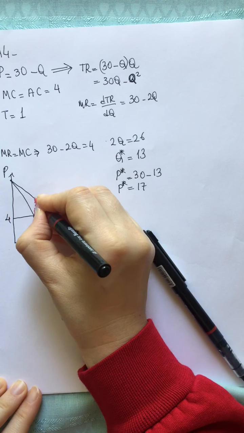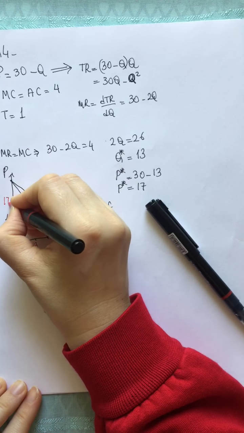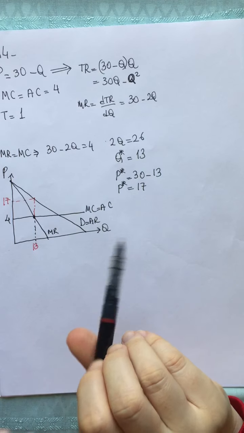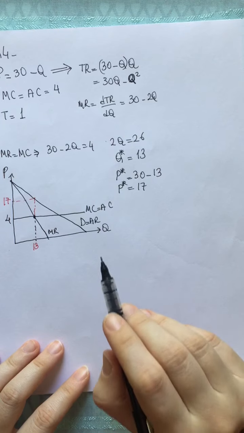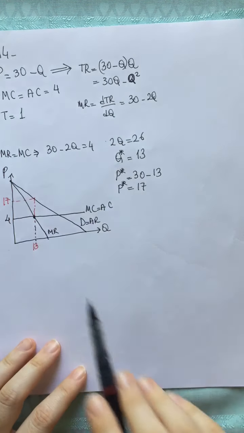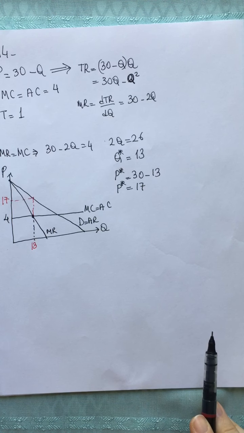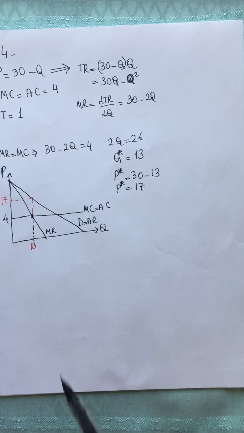And then we insert it into the inverse demand and found that the profit maximizing price for the firm is 17. And then the government puts a $1 per unit specific tax on the monopolist. What happens to the profit maximizing level of output and price, we will just ask.